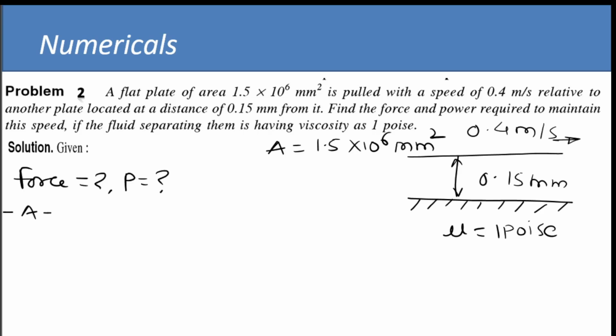So area is equal to 1.5 into 10 to the power 6. It is given in millimeter square. So millimeter square to meter square, so equal to 1.5 meter square.